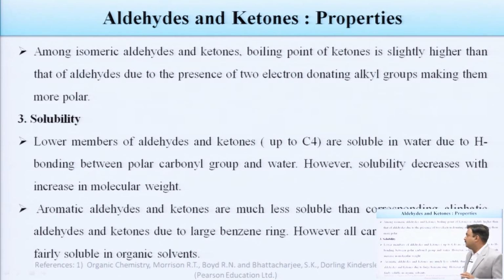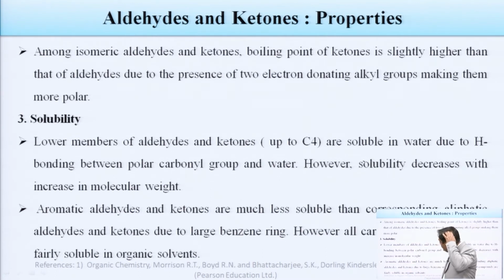Now, come to the third important property of aldehydes and ketones, that is solubility. Lower members of aldehydes and ketones up to 4 carbons are soluble in water due to the hydrogen bonds between the polar carbonyl group and the water. However, solubility decreases with an increase in molecular weight.